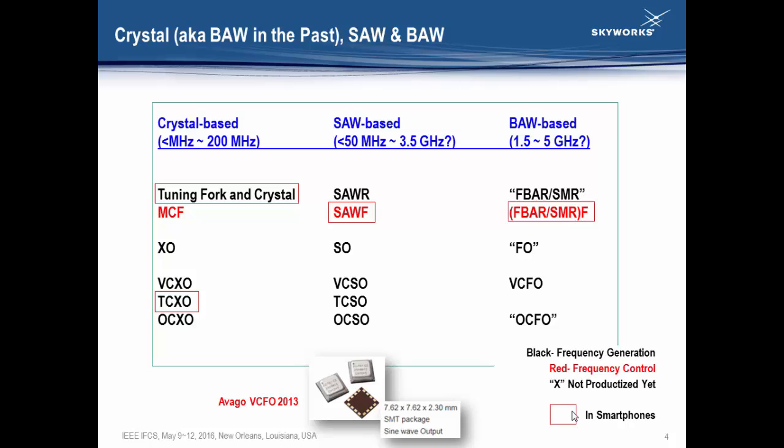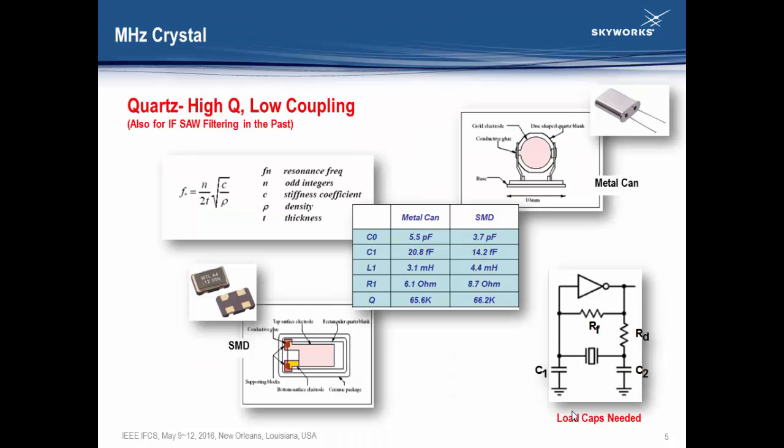And there are also some FBAR or BAW-based devices they make into oscillators. I put down some of them here. Most of them are not productized yet, but you can see that the VCFO here, which is the FBAR-based voltage controlled oscillator, is now available from Avago on the lower left here. So again, those in the boxes are the components you can find in smartphones nowadays.